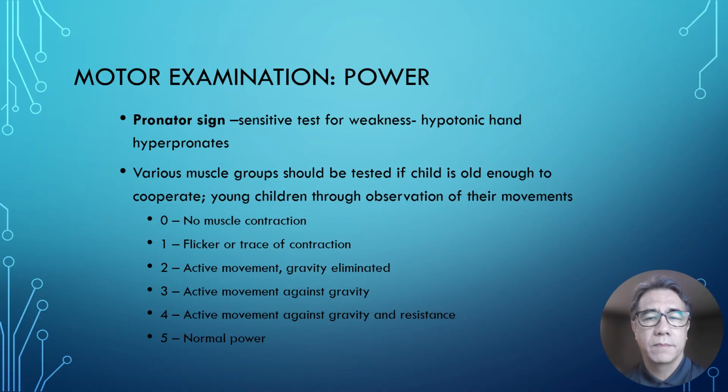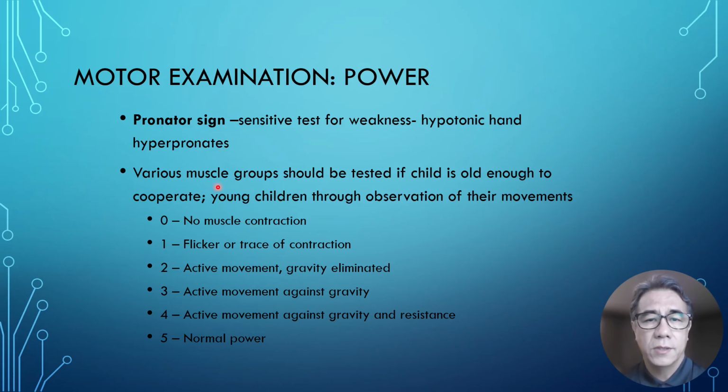So strength and power are also part of the examination, and it's either the patient has 5/5 or varying degrees of weakness, 4/5, 3/5, 2/5, 1/5, or 0/5, either on one side or both sides.